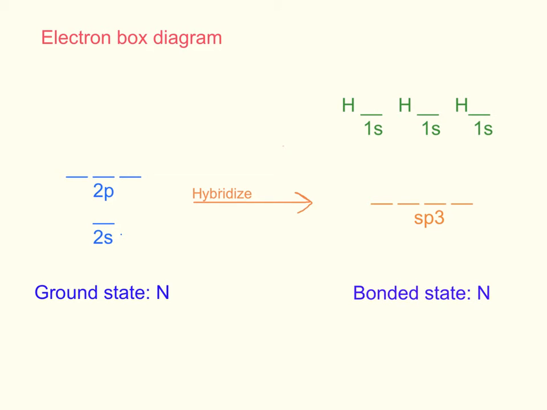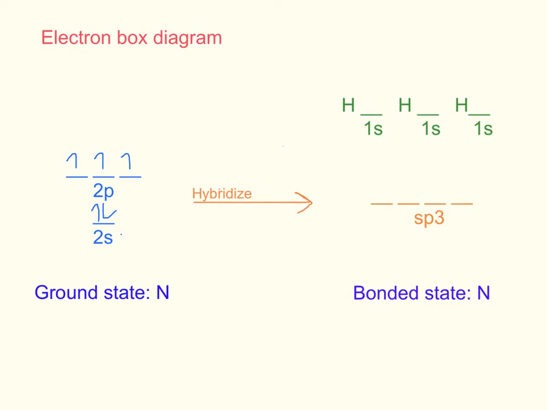You put in the electrons with half arrows with opposite spins. So that's 1 electron and 2 electrons. And then you have to put, that's 2, so now 3, 4, and 5. So that's the ground state for nitrogen.